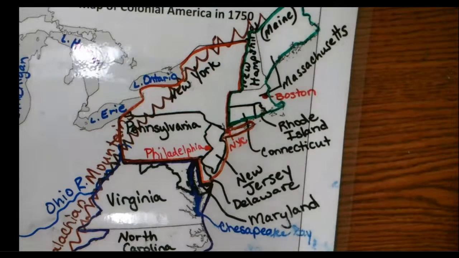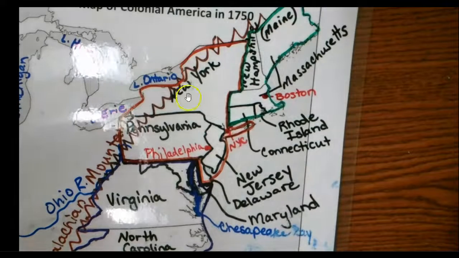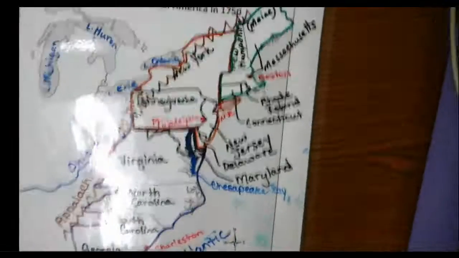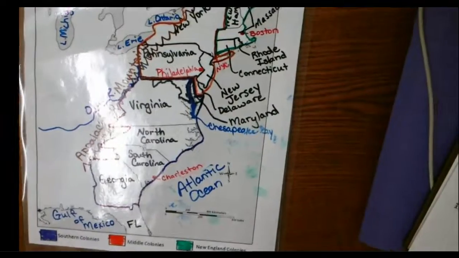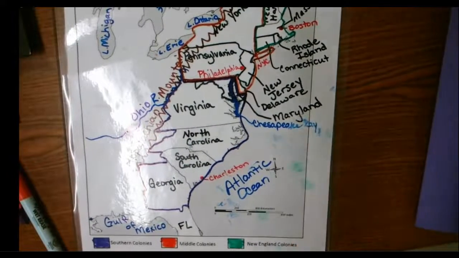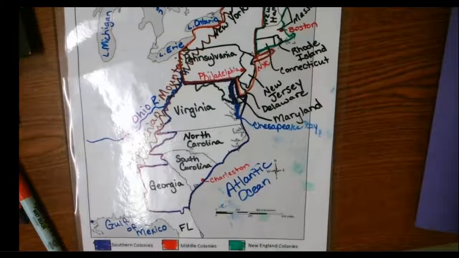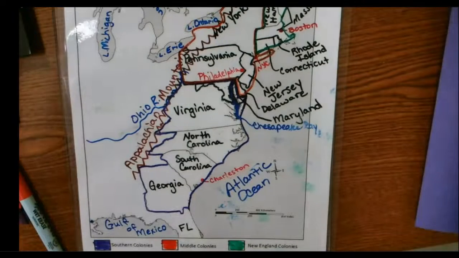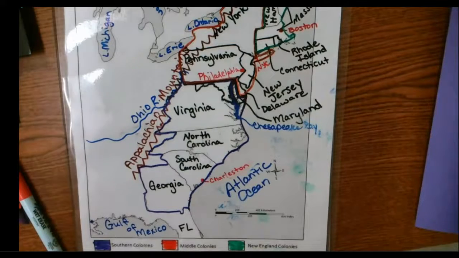Go ahead, put your name on it. And we'll take a look at the finished product. Here we go. Map of the 13 colonies in 1750.